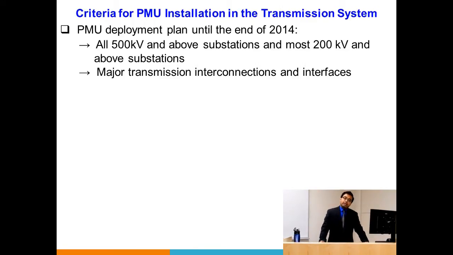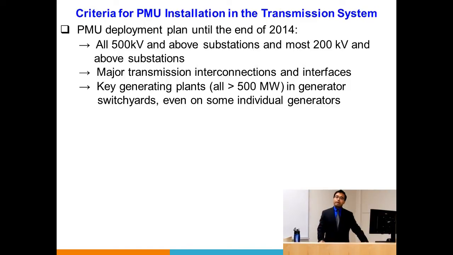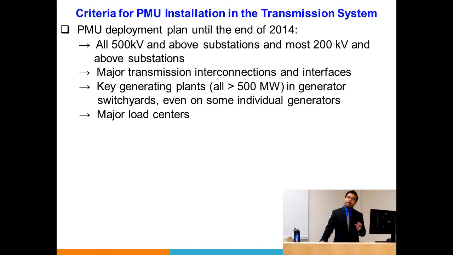Then it also says that we need to have the PMUs at those key generating plants which have generation above 500 megawatt. And then it is also required that the major load centers which consume a lot of power also need to have PMUs for continuous monitoring of the electrical parameters.